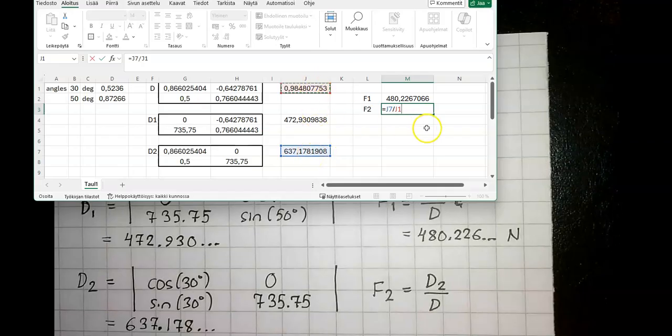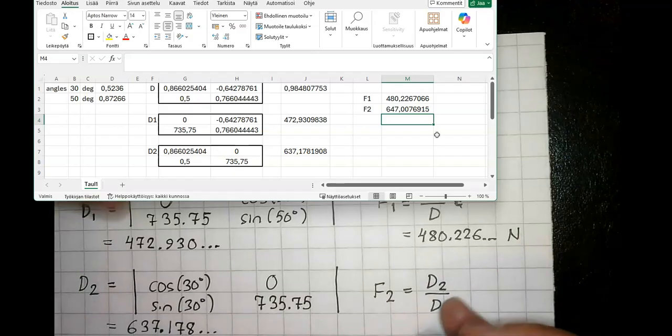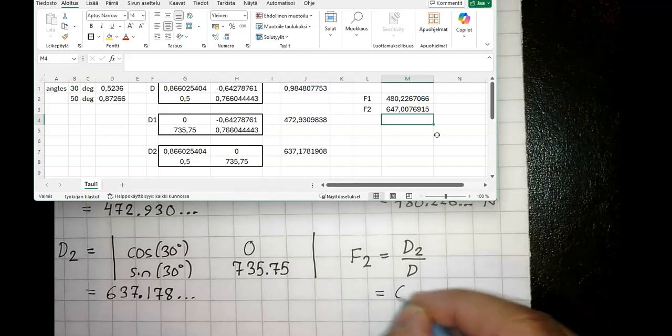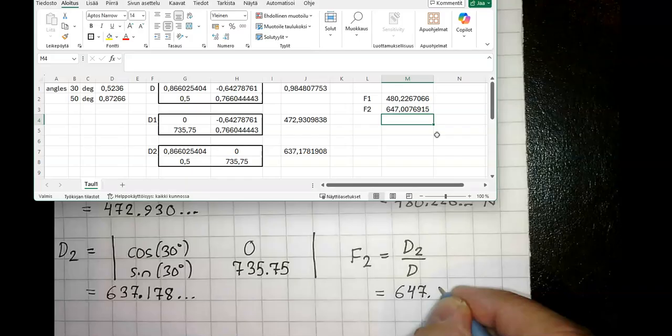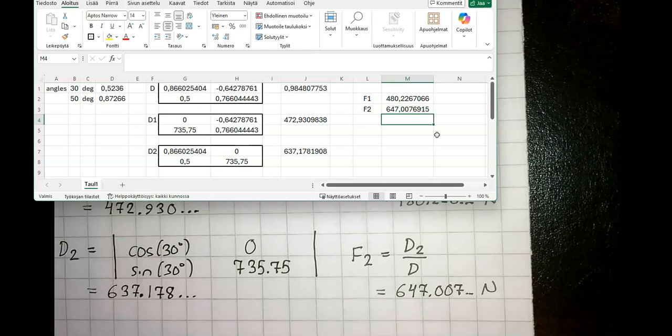D2 divided by D, or in my Excel sheet, the cell J7 divided by J1. That will give us the value of 647.007, etc. newtons. So now we have solved this problem.